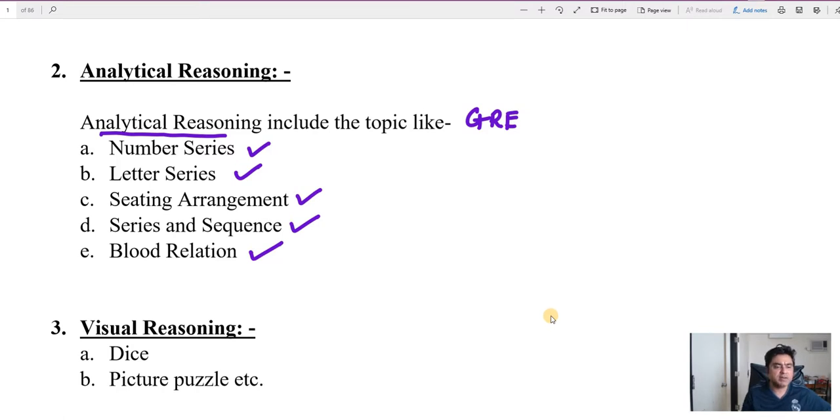The third is picture reasoning or visual reasoning. Here there are questions related to dice, and questions related to picture puzzles. So that is also a part of logic.